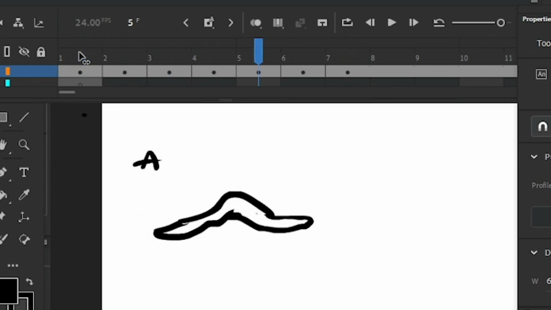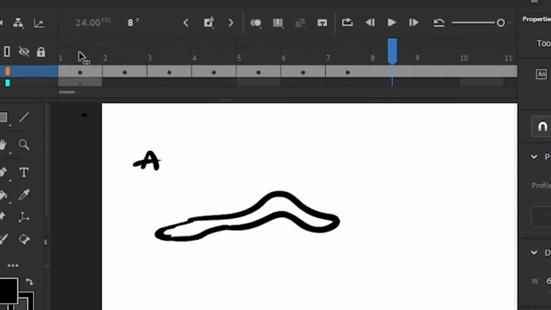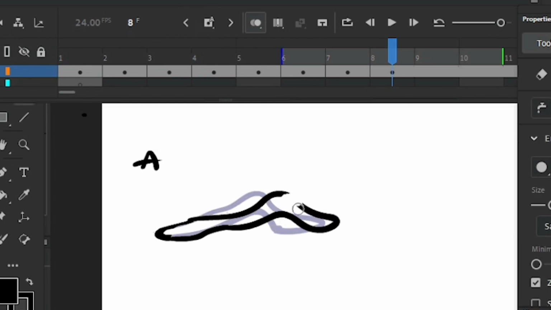So let's move forward. Turn on the next keyframe, turn on our onion skin to see what we have on this side, and then we'll take another motion forward.